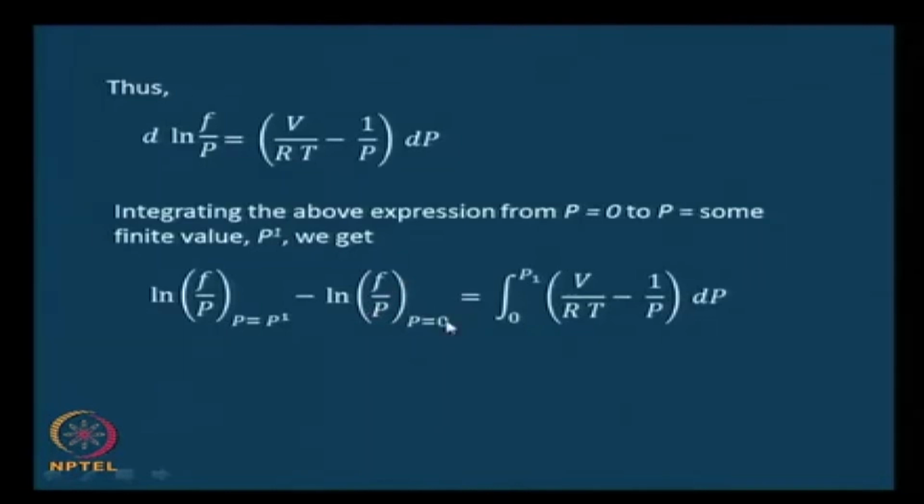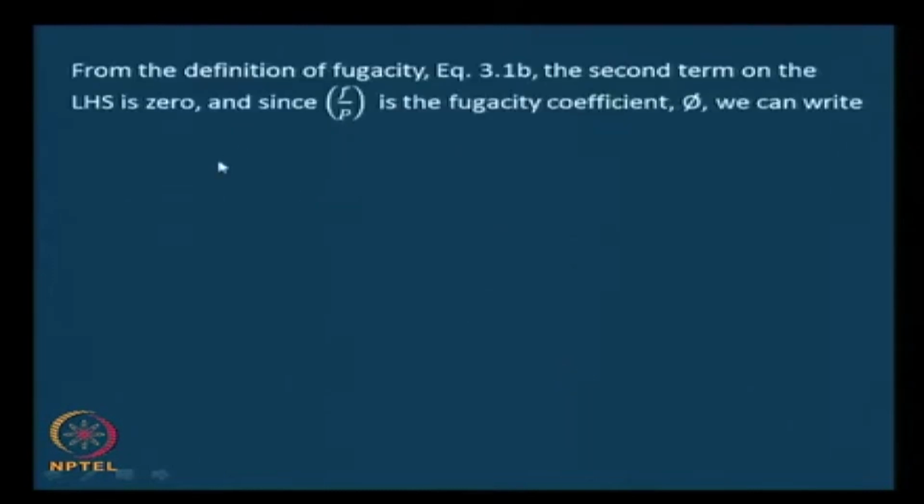In such a case, you have a ln 1 here, which is nothing but 0, and therefore, the second term on the left hand side of the previous equation is 0, and f by p is the fugacity coefficient at point 1 in this case.